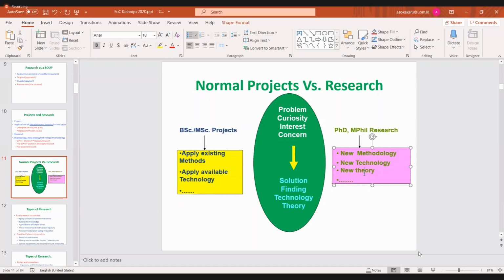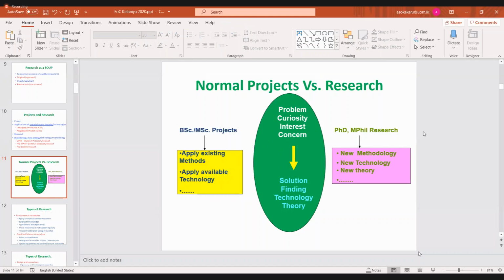When you are solving the problem, you are coming up with a new theory or whatever. In both cases, you may start with a problem, curiosity, interest or some concern, and you end up with a solution, maybe a finding, a technology, or a theory.